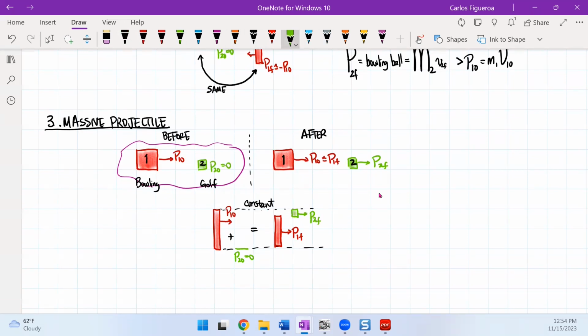So when I'm looking at this, this is the picture that I'm actually seeing here. So the question we're really asking is, what does this tiny momentum tell us about its speed?